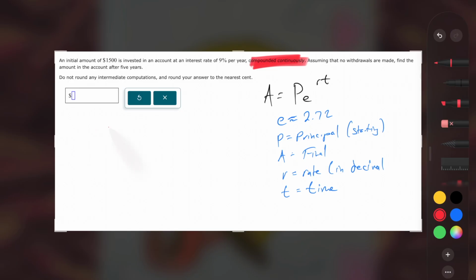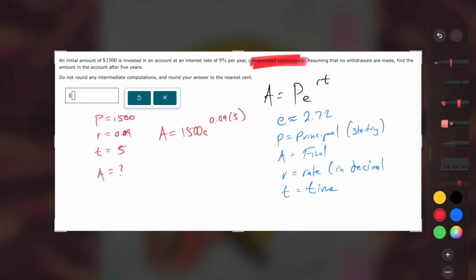So initial amount is 1,500, a rate of 9% per year. Compounded continuously tells us to use this formula. Find how much is in the account after 5 years. So we're just trying to find the ending amount. So this one we're just going to plug in 1,500 times E to the RT.